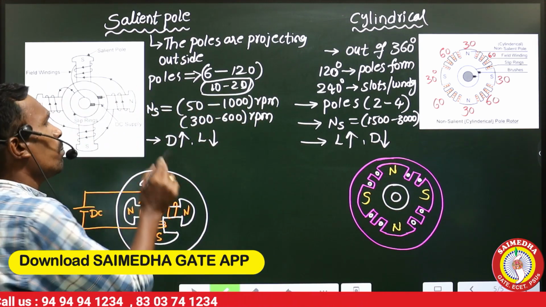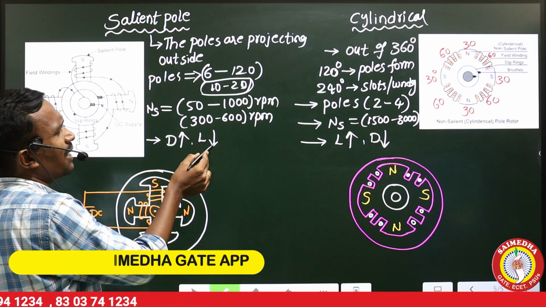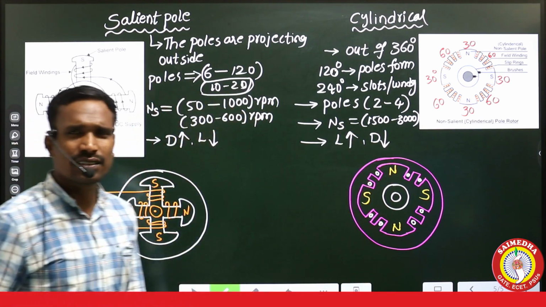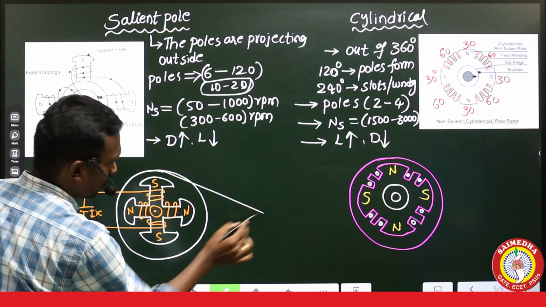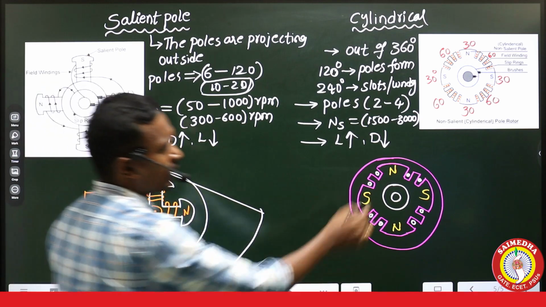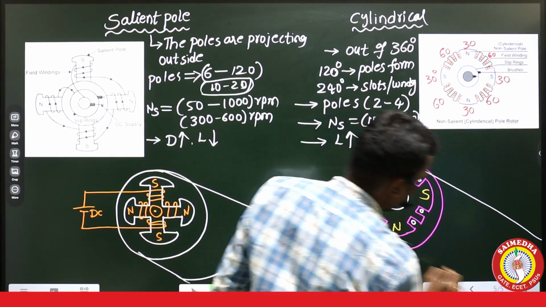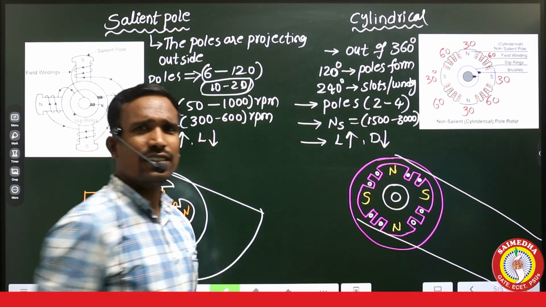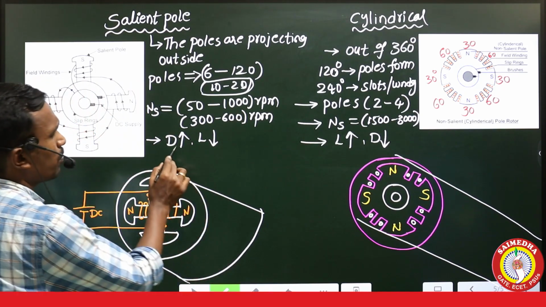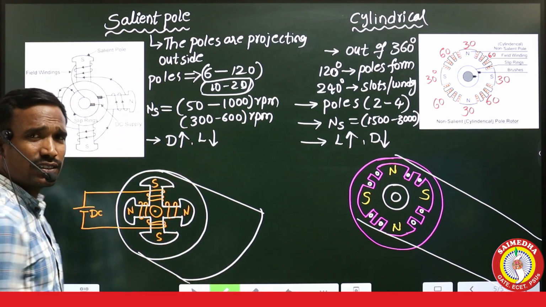Or simply, more diameter and less axial length here, and less diameter and more axial length there. Actually, it looks like this. For example, this is the length. But here, the length of the rotor axis is much greater. So here more diameter, less axial length.